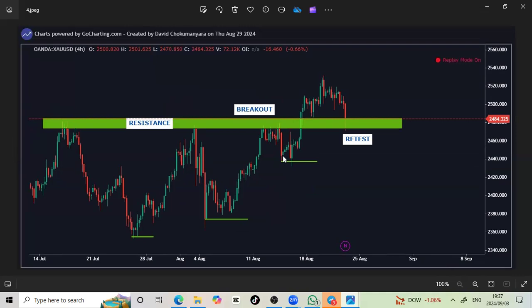You can anticipate that if price moves like this, there is a possibility that price can break that resistance. So it's not always that the resistance can hold. Sometimes the resistance can be broken. And how can you anticipate that the resistance is likely going to be broken? By just analyzing how price moves towards that resistance. So this is the first concept: analyzing how price approaches a resistance matters.